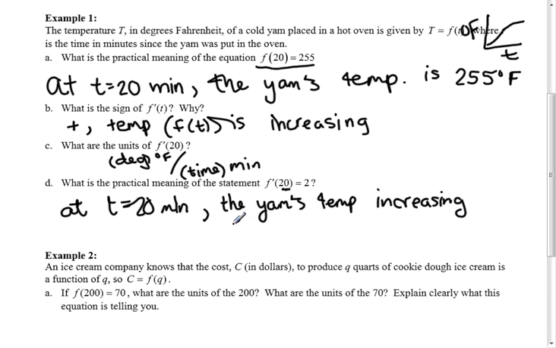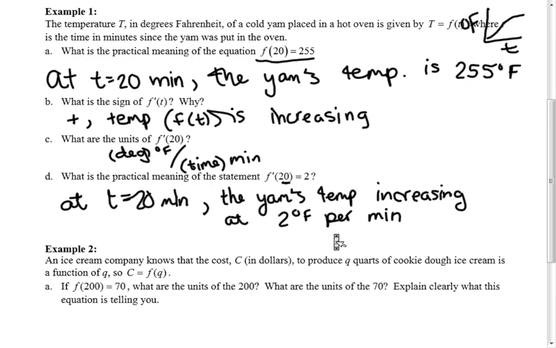It's increasing at 2 degrees Fahrenheit per minute. You have to be really careful with the wording. The practical meaning is, at T equals 20 minutes, the yam's temperature is increasing at a rate of 2 degrees per minute. So remember, derivatives are rates, and that's going to be that same idea all year long.